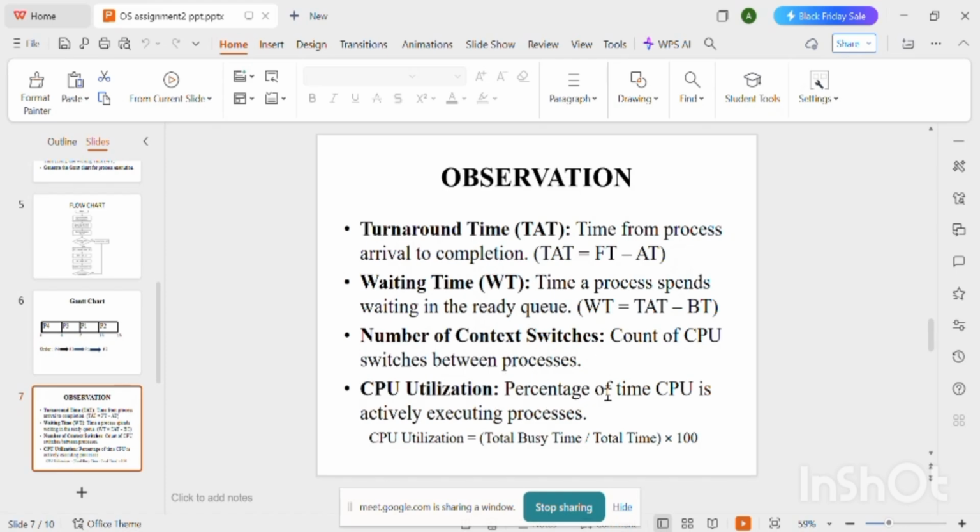CPU utilization: the percentage of time the CPU is actively executing a process, showing how efficiently the CPU is used. Here is the formula for CPU utilization: total busy time divided by total time, times 100.